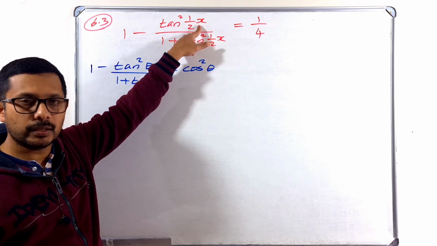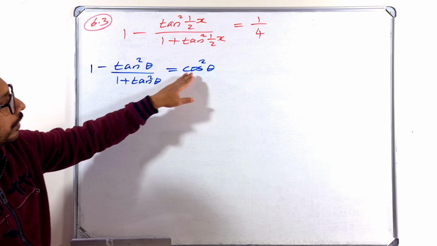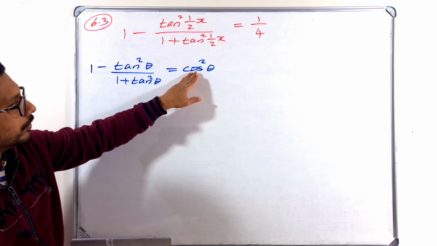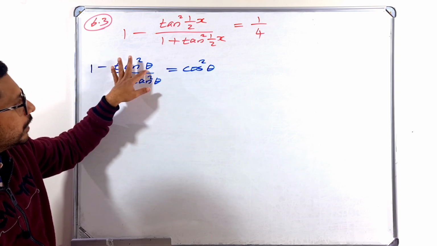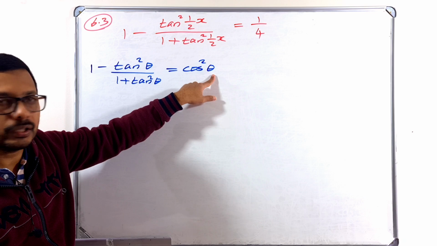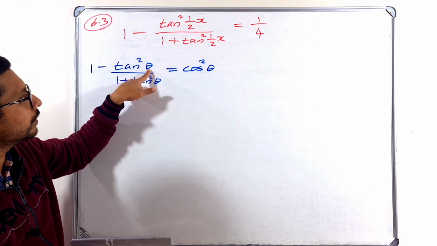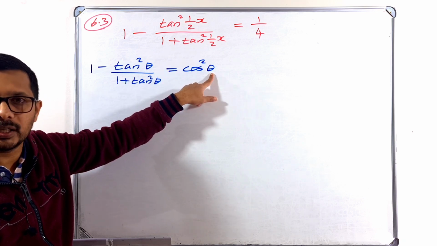Am I right? So what is going to happen here? When it is theta, it is cos squared theta. So when it is half x, the answer is cos squared half x.